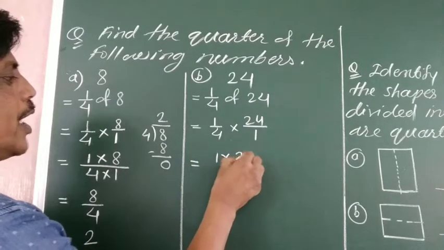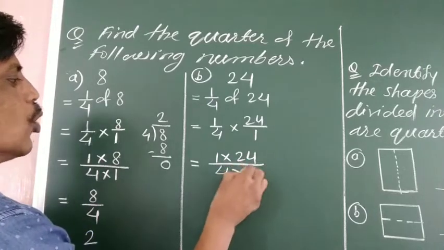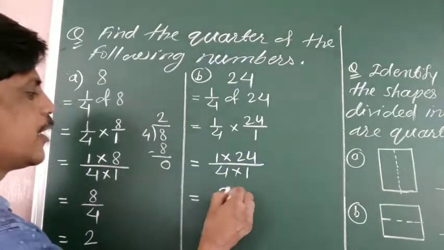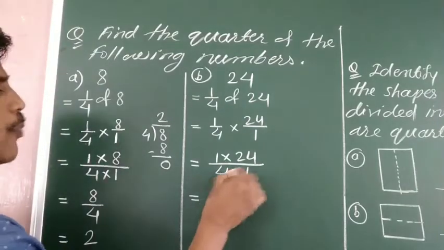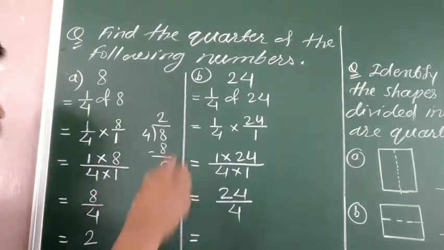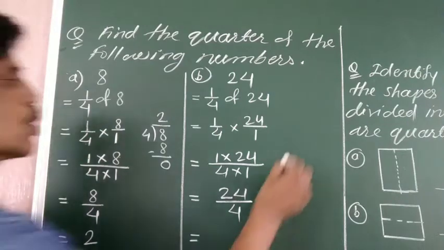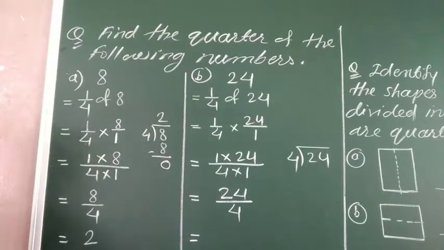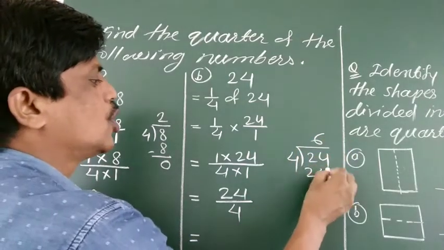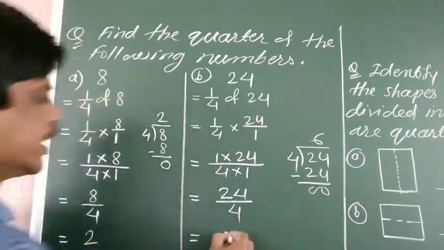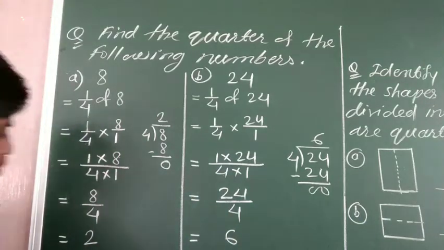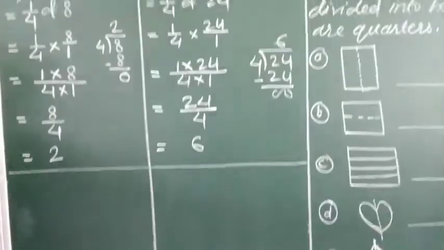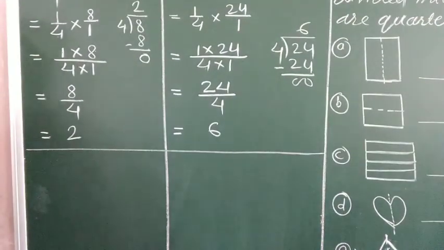Now 1 into 24 and 4 into 1. 1 into 24 is 24 and 4 into 1 is 4. Now divide 24 by 4. 4 sixes are 24. All of you know 4 sixes are 24. So it is 6. The 6 is quarter of this 24.